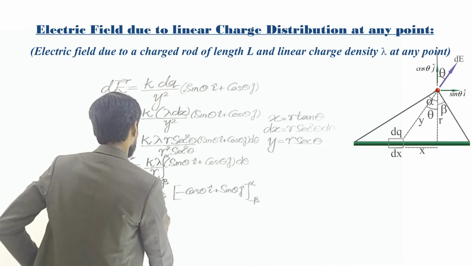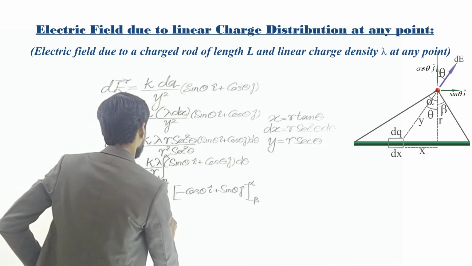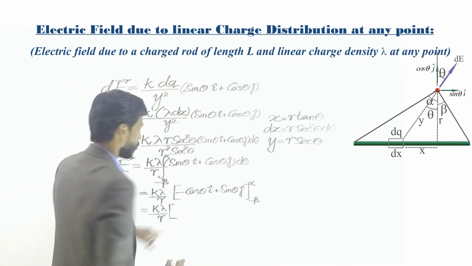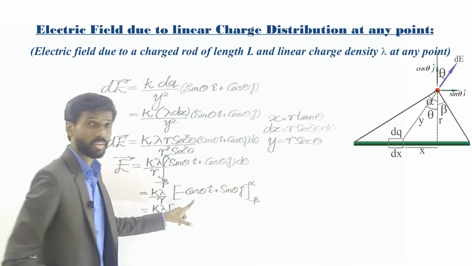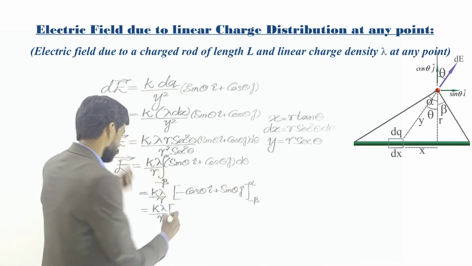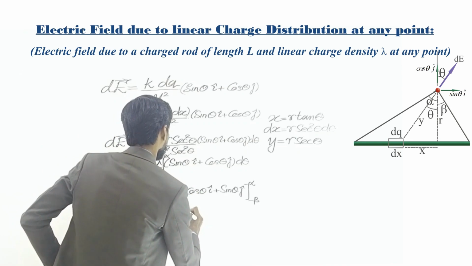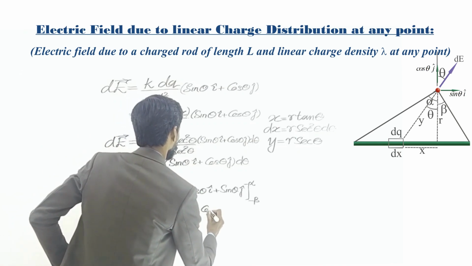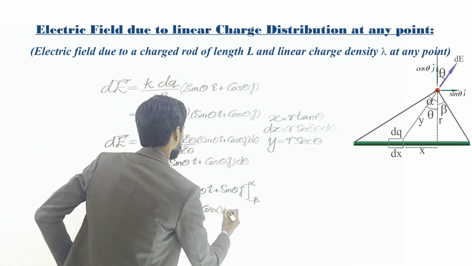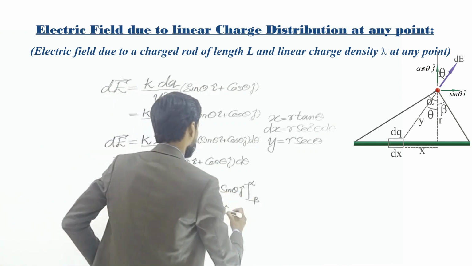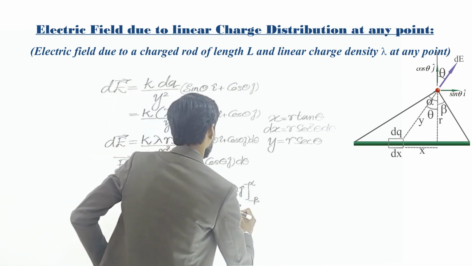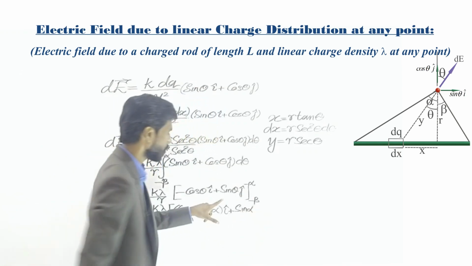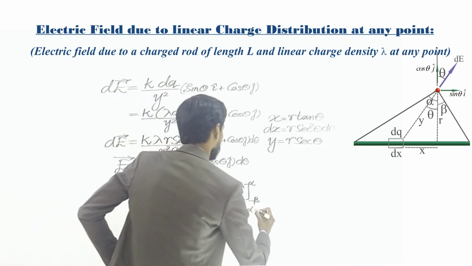So k lambda divided by r, if you substitute the upper limit, minus cos alpha minus cos beta, that can be written as cos beta minus cos alpha times i cap. Similarly here, sin alpha minus sin of minus beta, that will become plus sin beta.